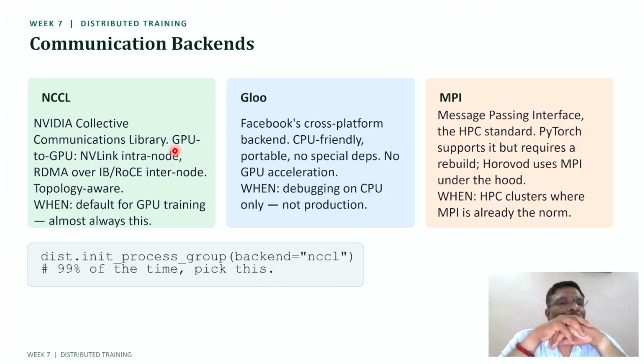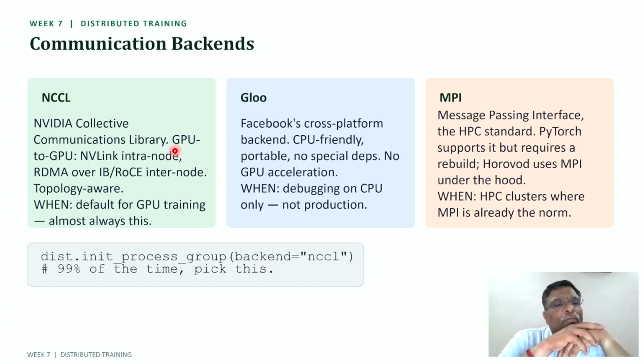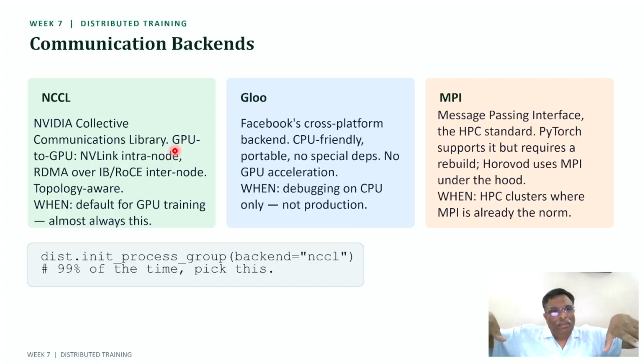Then we have RDMA, which is internode communication and is topology aware. So when NCCL is inside a DGX server, it uses NVLink. But if there are two DGX servers, it uses RDMA over InfiniBand or RoCE between the two nodes, and it is topology aware. NCCL is generally the default for GPU training, and almost every time we use an NVIDIA GPU, we will be using NCCL internally.